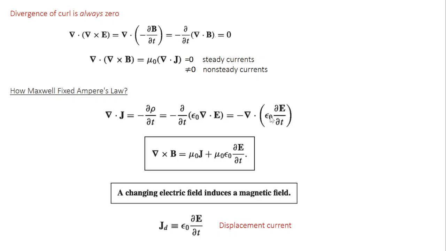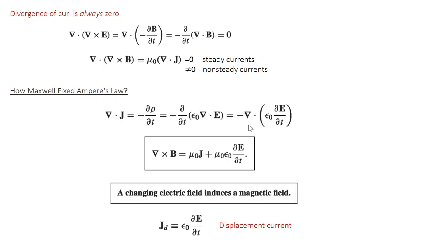So divergence of J plus divergence of epsilon naught dou E by dou t equals 0.